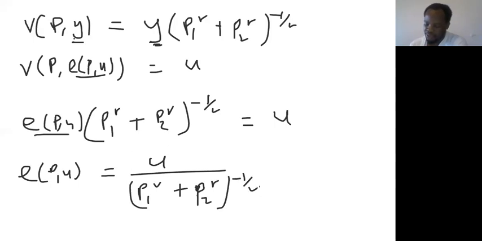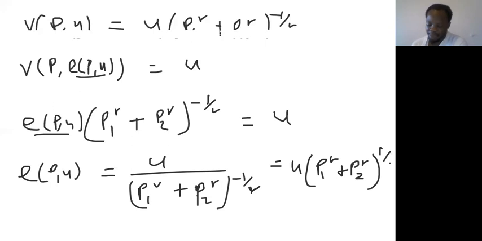Great. Now this can also be simplified. In mathematics, when I bring this up, the negative becomes positive. It can be simplified as U into brackets (P1^R plus P2^R) to the power 1 over R. So this represents the expenditure function.